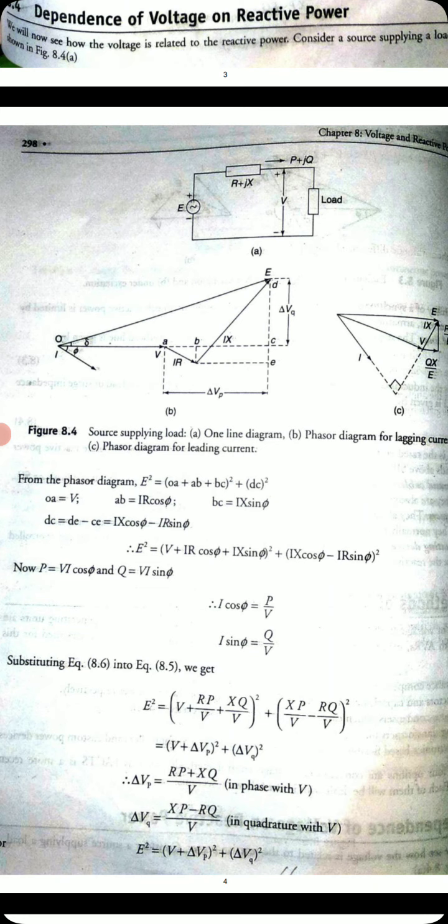Now what is OA? OA is V, you can see in the figure. AB is IR's resolution, the cos phi component, so IR cos phi. Next, BC is IX sin phi. You can see if you resolve IX into two components, it will be IX sin phi and IX cos phi.